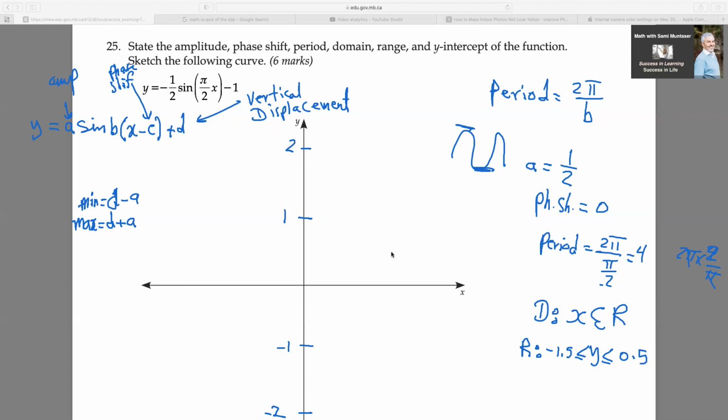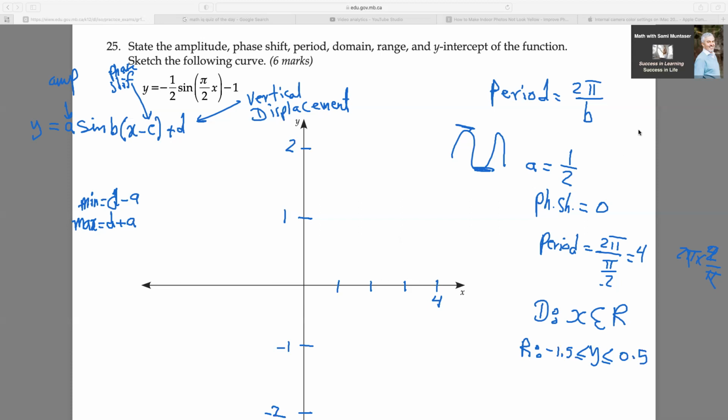Now, what you do, graph one period first. So since the period is 4, so if I say 1, 2, 3, 4, here you don't have to worry about scaling, because when the period is in whole numbers like this instead of pi and all that stuff, then it's easy. You just know what everything is.